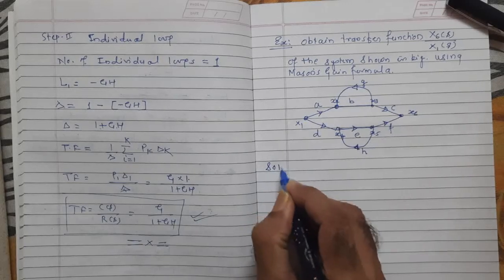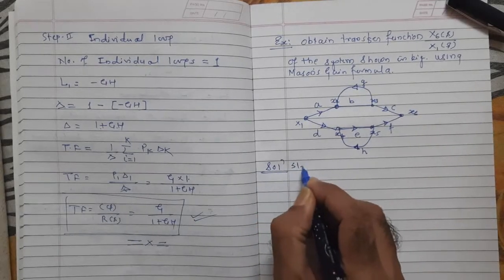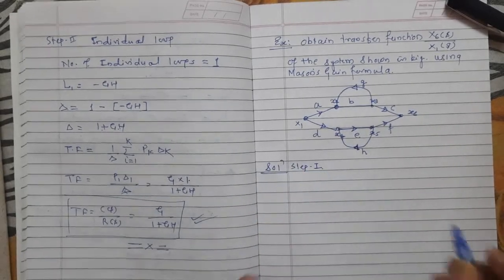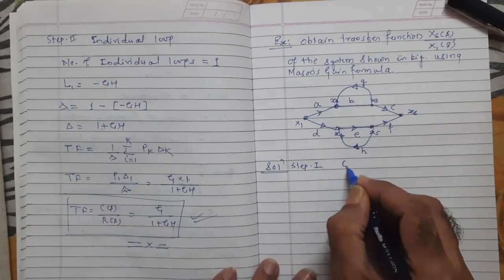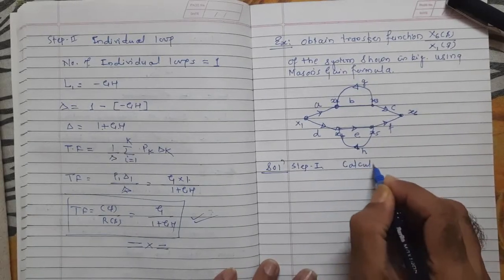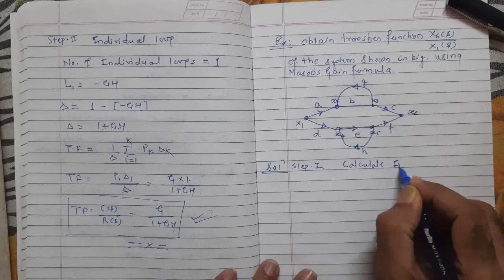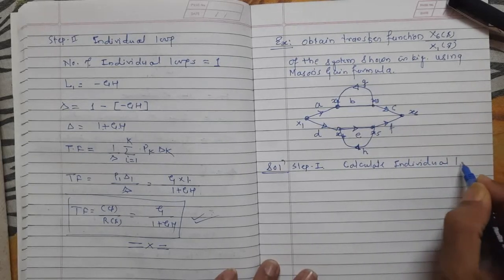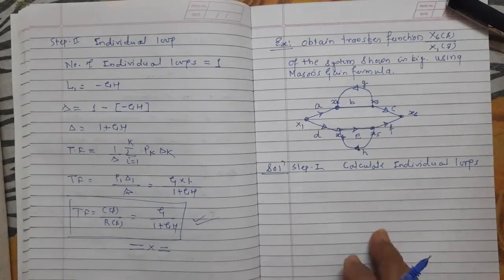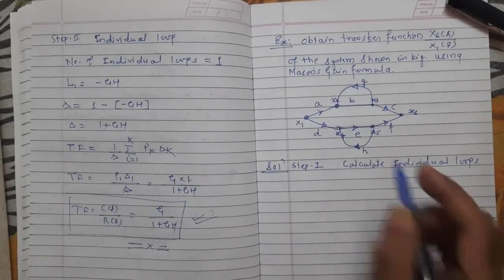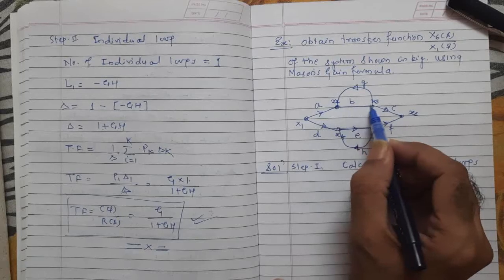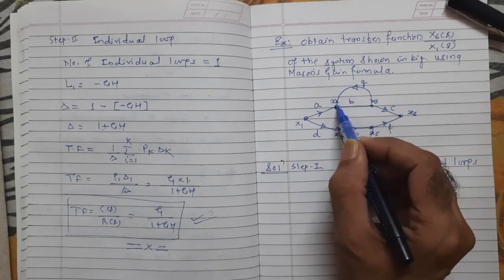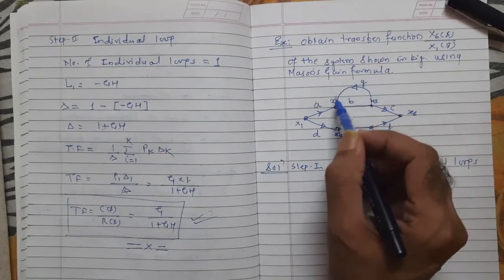Now solution. Step 1. Calculate individual loops. Now see here, x2 to x3 and x3 to x2 forms one individual loop.